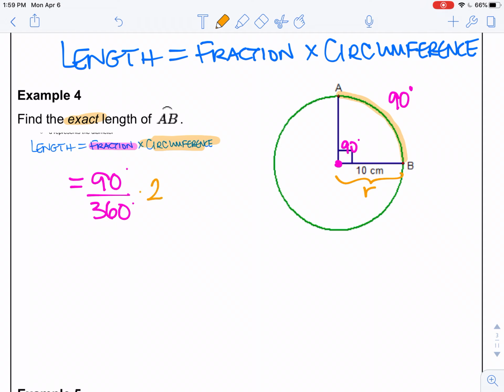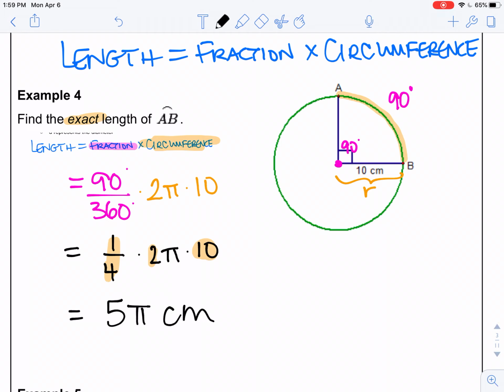So I'm going to plug in 2 pi r, and 2 times pi times 10. If I'd like, I can clean this up a little bit and say 1/4 instead of 90 over 360, but I'm still going to get the same place. Since it's exact, I'm going to take 1/4 times 2 times 10, which simplifies to 5 times pi, and we're dealing with our unit of centimeters.